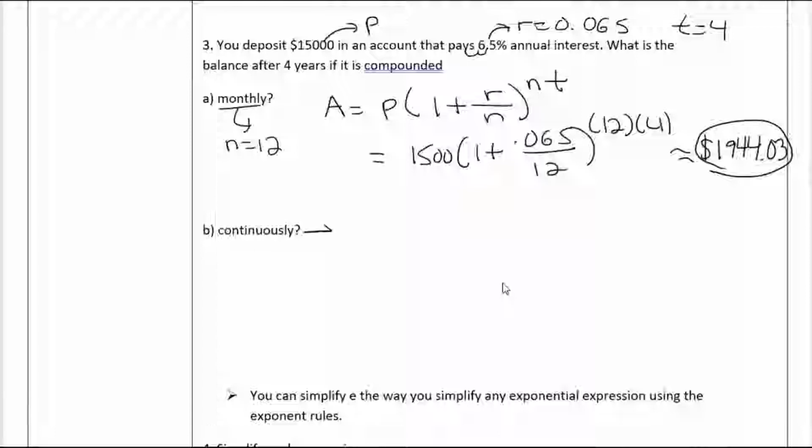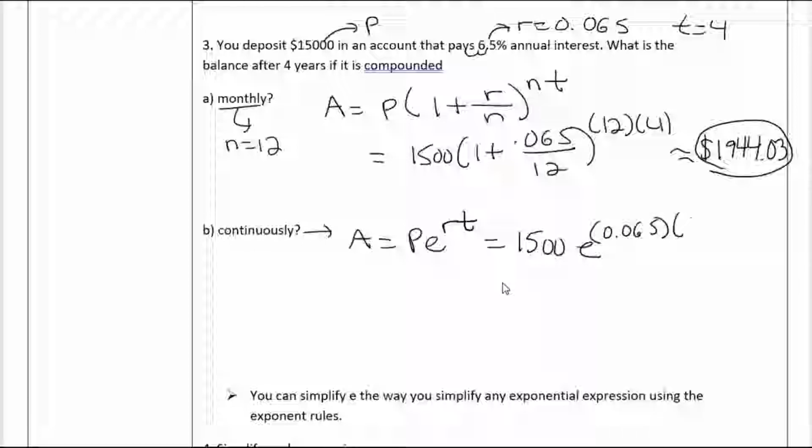If it's done continuously, that means we're going to be using PERT, A equals P E to the RT. Remember, E is just a number, so you're not plugging in for E. E is like pi, a number. You're only going to plug in for P, R, and T. So we have 1,500 E to the 0.065 times 4.